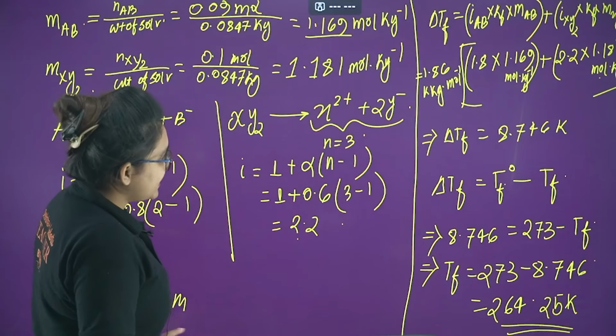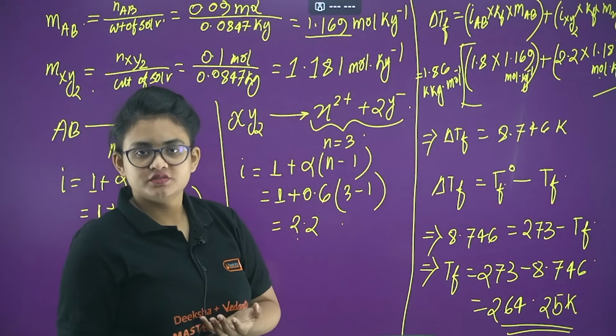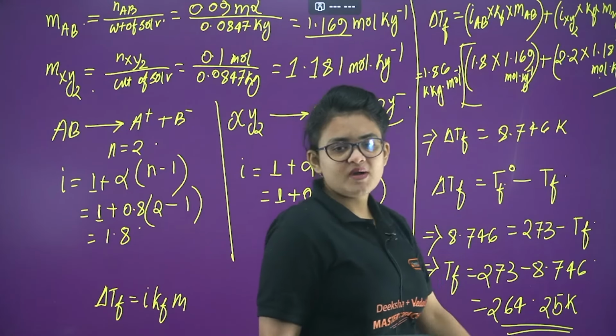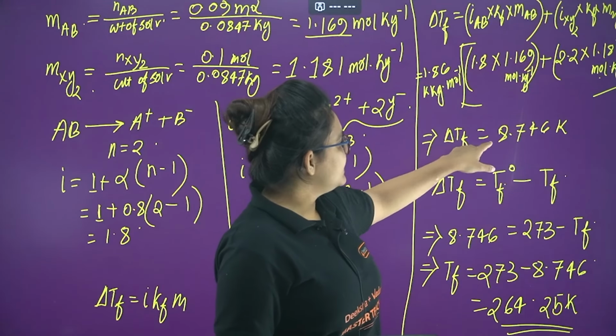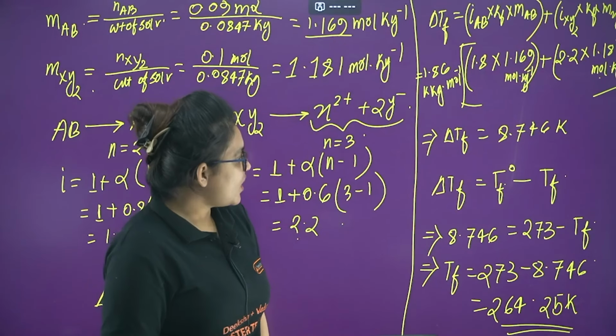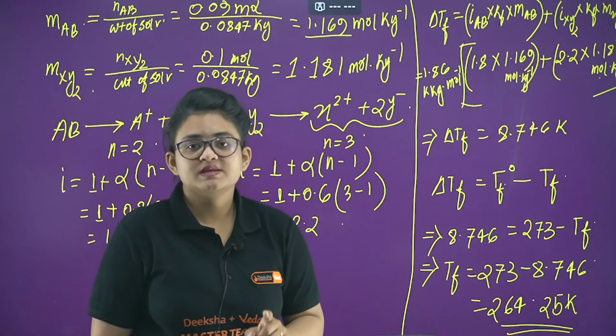Now accumulate all of these in delta TF and add them because you have two solutes, one for AB, another for XY2. By adding them, I am getting the delta TF value as 8.746 Kelvin, right? From delta TF, I am going to calculate the freezing point.